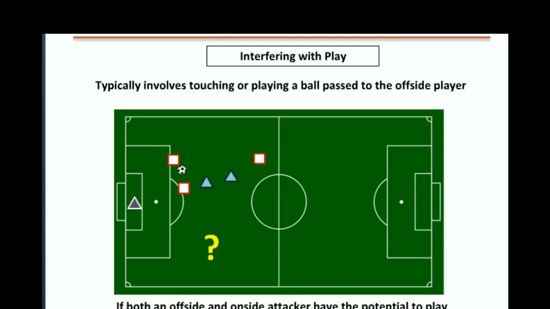As long as the onside player has an opportunity to get to the ball and play it, the call should be delayed. We wait and see. The offside player may, at the last minute, realize that the onside player has an opportunity to play the ball and could peel away, and in this case, no call should be made. If the offside player is the player who winds up playing it, then he should be called for offside.